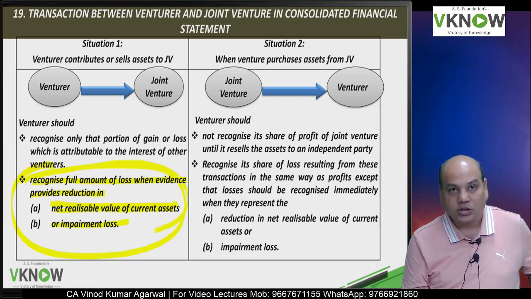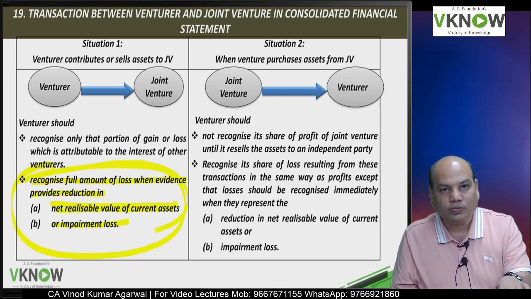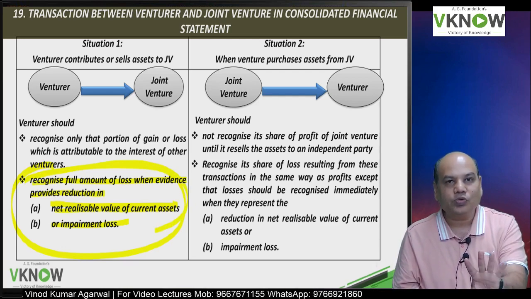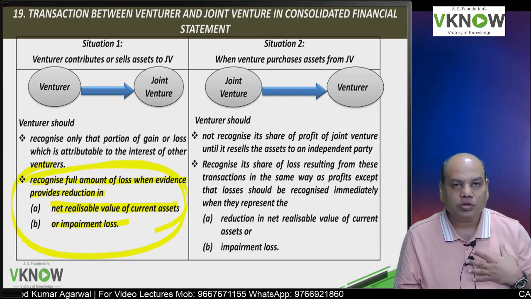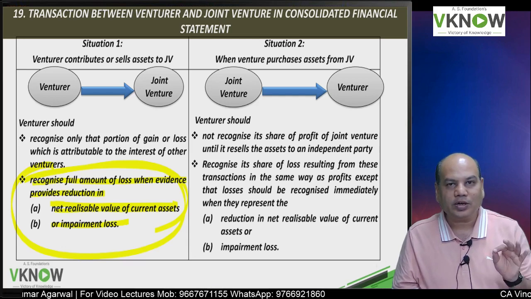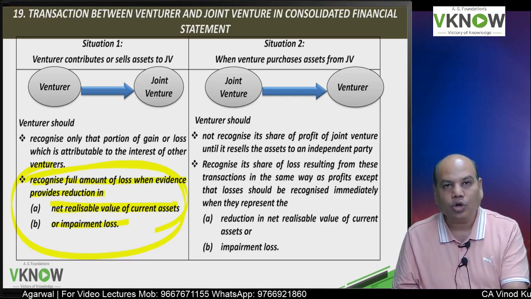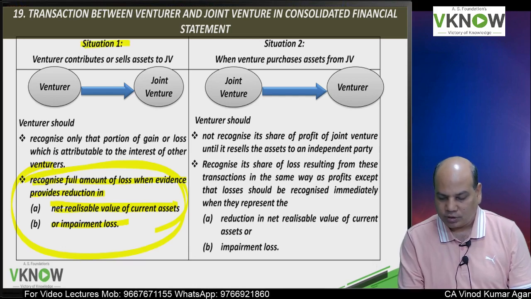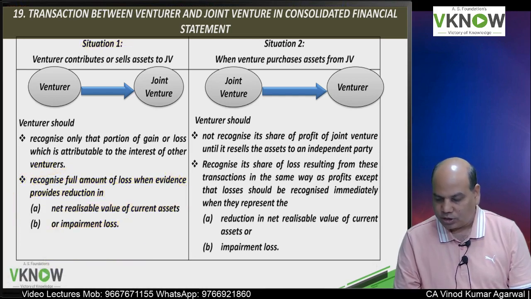But if the loss is not due to fall in NRV, not due to impairment loss, then you will not recognize your share of loss. You will only recognize the share of loss of the other venturer. This is situation 1.